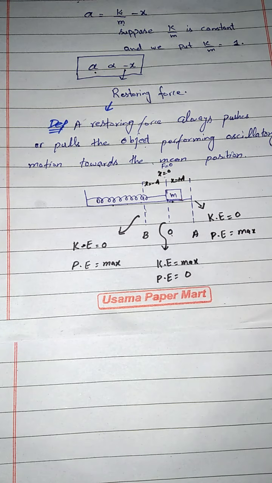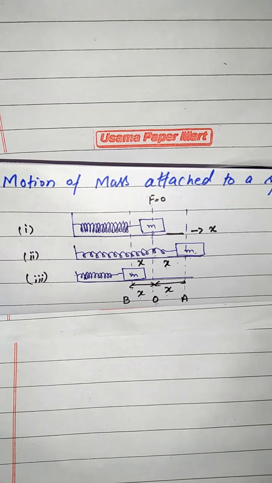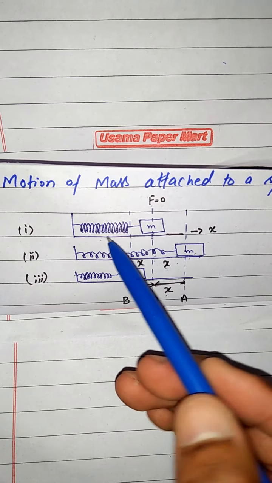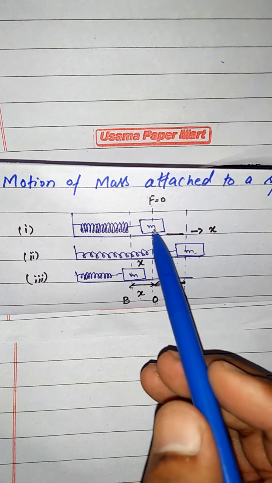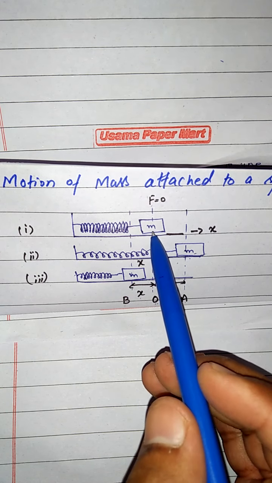You can see in the other figure that we have discussed before, in the first figure no force is exerted on the mass m, so it is in the rest position.